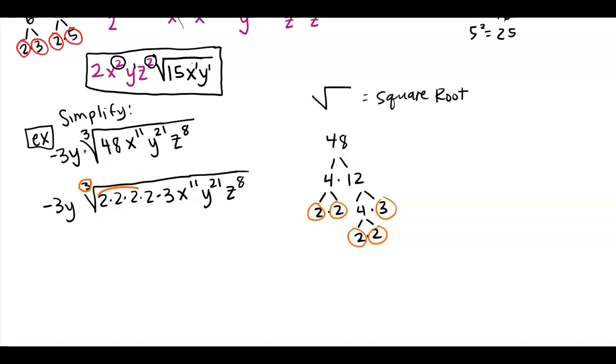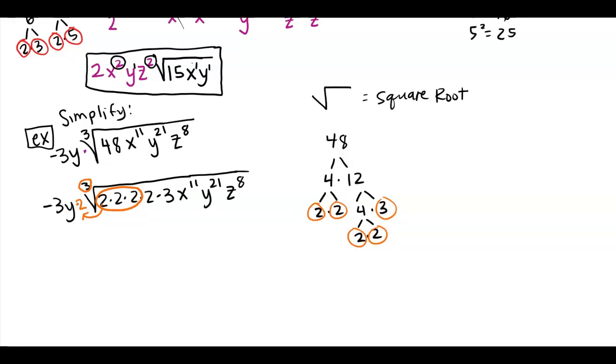So I see I've got a group of 3 here, and so that comes out as a 2. Right? But then I've got to think about what I have here as far as my x's go. And maybe let me rewrite this a little bit differently. Maybe what I'll show is that a 2 is going to come out in front here. I'm going to write it kind of like that, showing that that 2 came out.